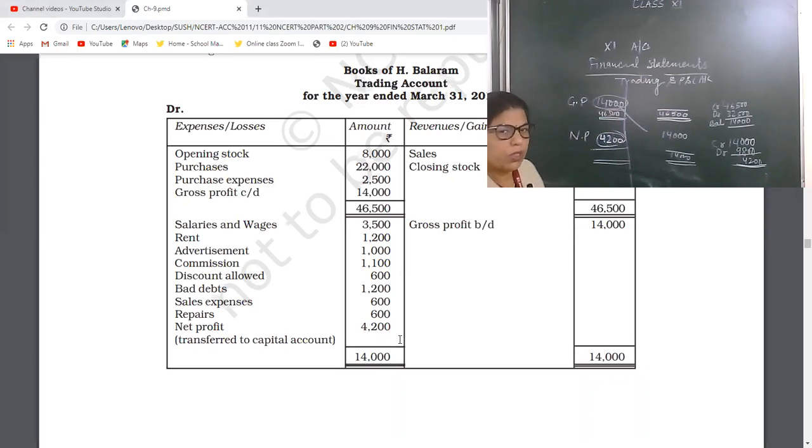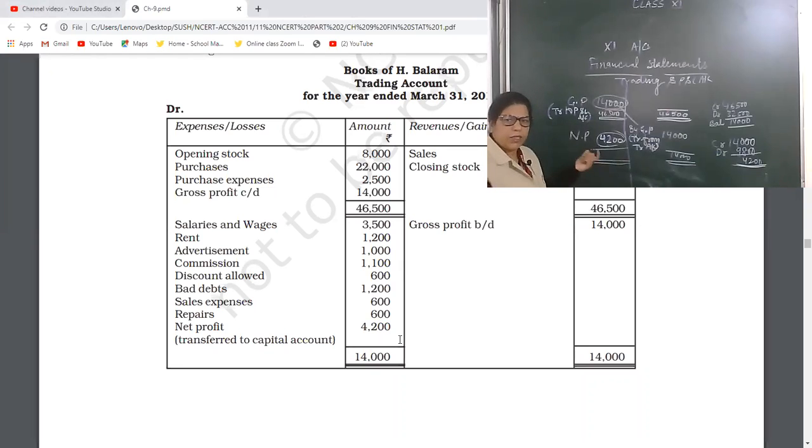Now one more thing. This is gross profit carried down, or you can write gross profit transferred to P&L account, and here you will write by gross profit, and in the bracket you will write transfer from trading account.